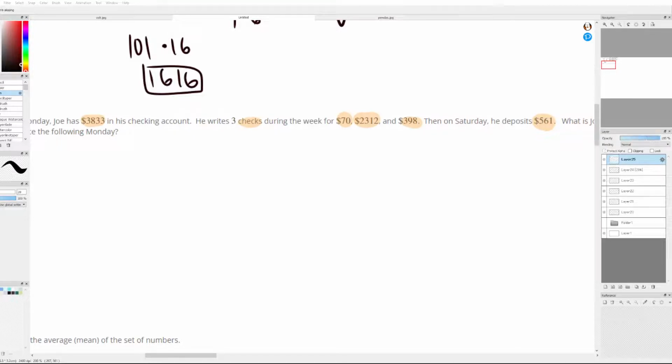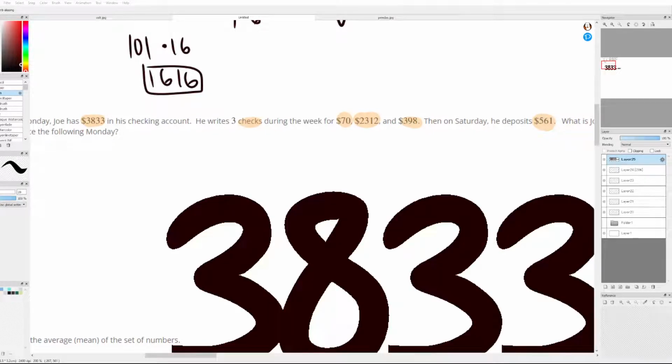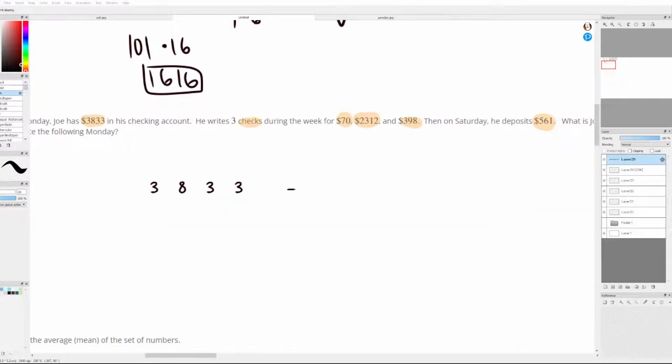So, if we write this out, we start with 3,833 minus 70 minus 2,312, and then minus 398, and then plus 561.